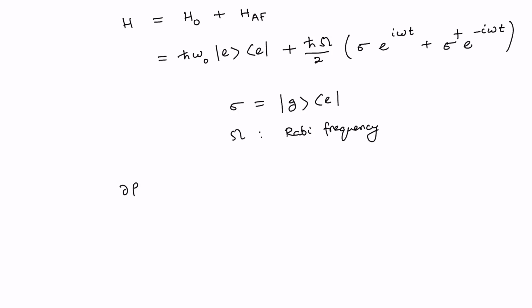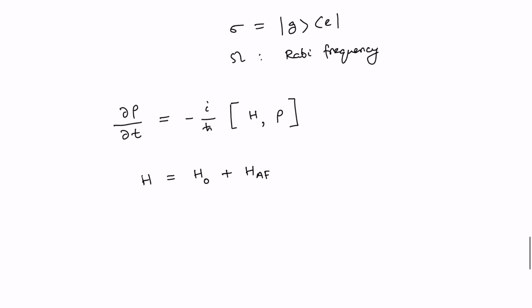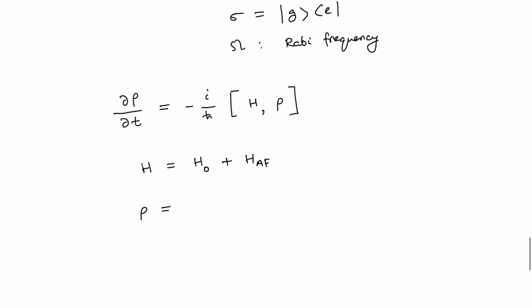The Schrodinger-von Neumann equation is ∂ρ/∂t = -i/ħ [H, ρ], the commutator between the Hamiltonian and the density operator, where H = H0 + H_AF, the atom-field interaction part, and ρ is the density operator, now |ψ⟩⟨ψ|.